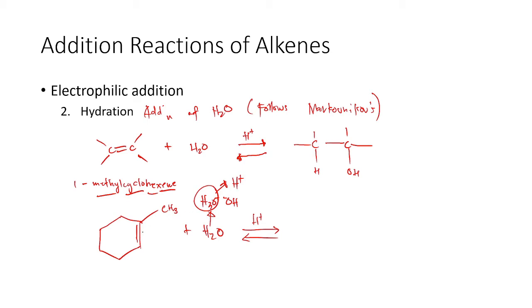And as you can see here, based on this example, for this carbon we have one, two, three, four bonds, meaning we have zero hydrogen, and for this one we have one, two, three bonds, meaning to say there's one hydrogen there. So this hydrogen will attach itself to this carbon with a double bond, and our OH will attach on where our hydroxide is actually attached to.